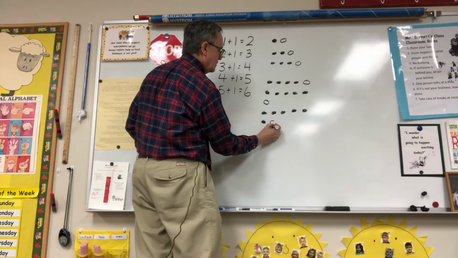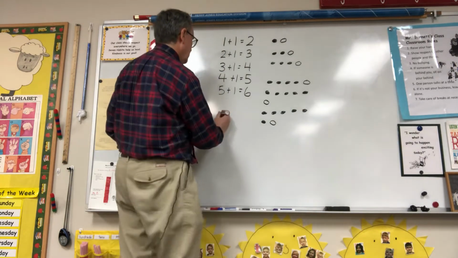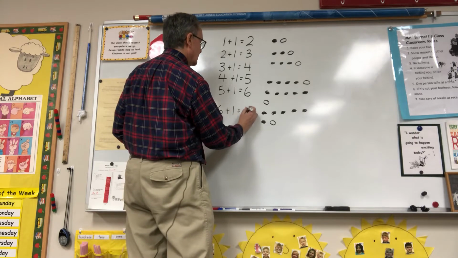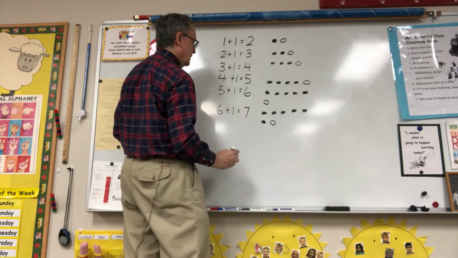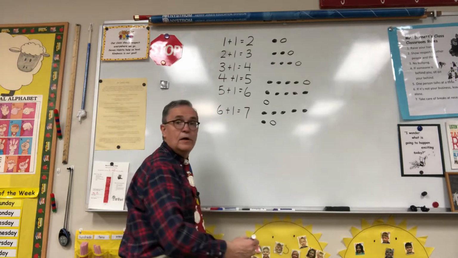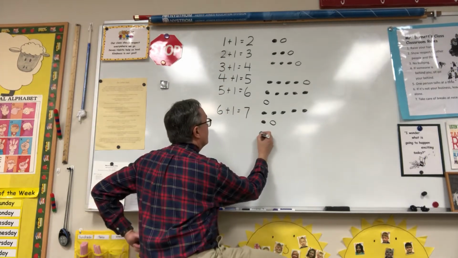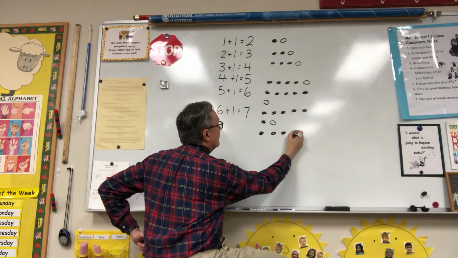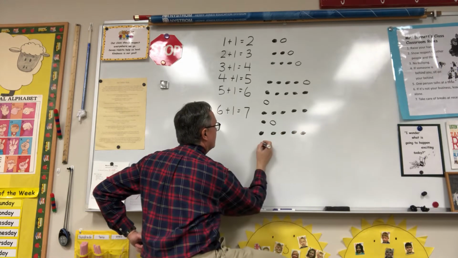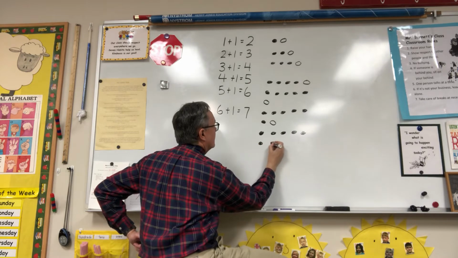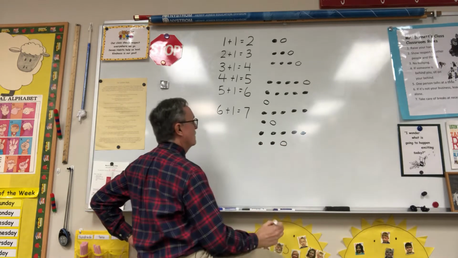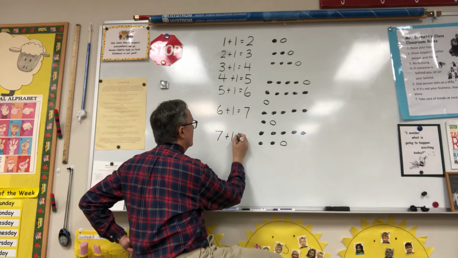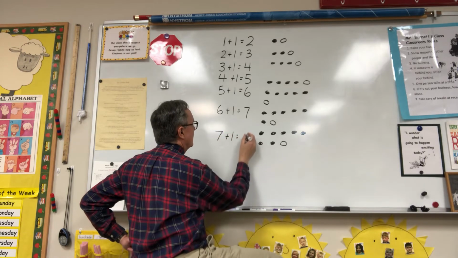And then I add one more. 6 plus 1 equals 7. I'm going to kneel down. What if I have 7 dots? And then I add one more. 7 plus 1 equals 8.